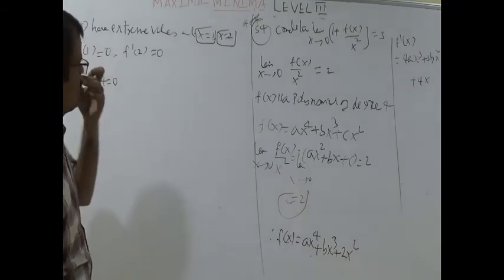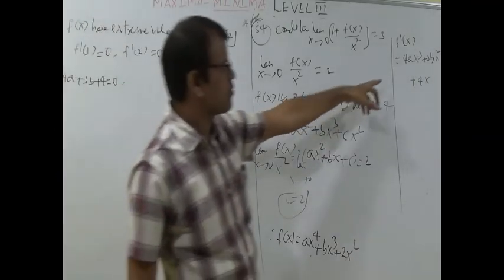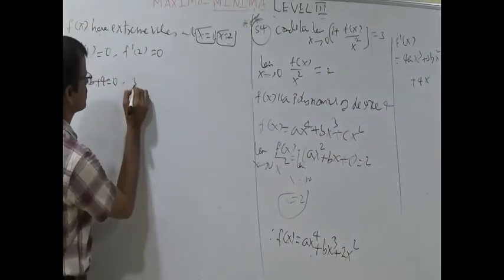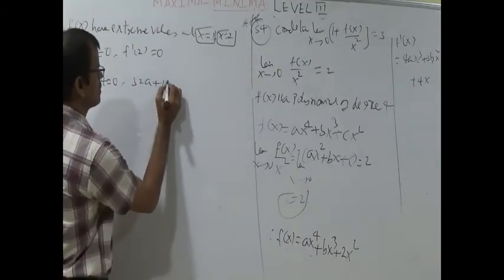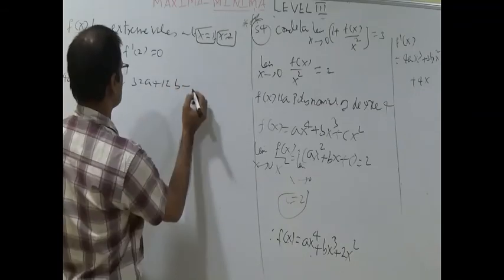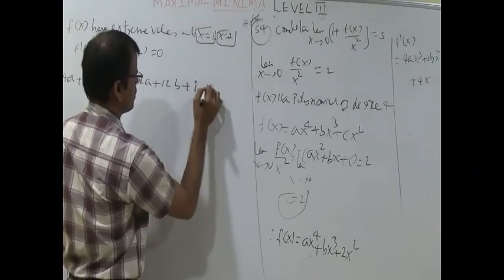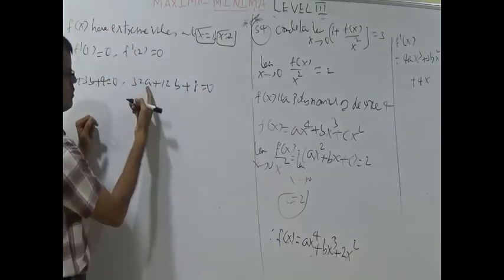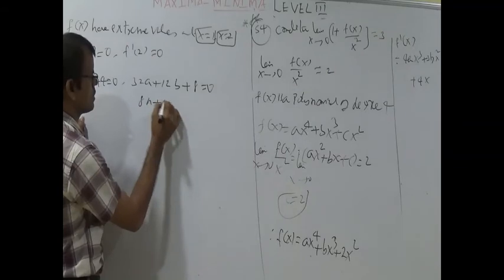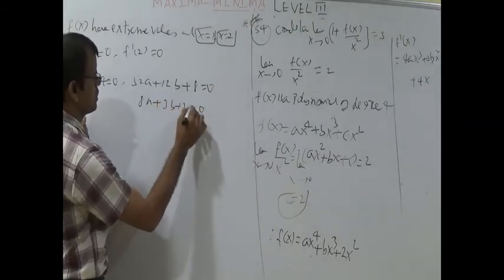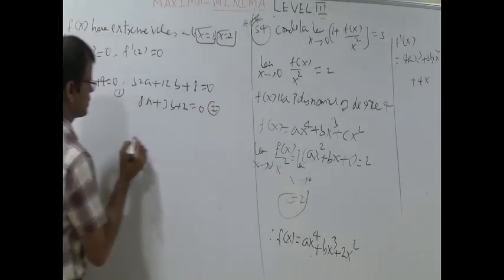Now f dash 2: 2 cube means 8, 8 fours are 32a, plus 3b into 4 is 12b, plus 4 into 2 is 8, equal to 0. Dividing this equation by 4, we get 8a plus 3b plus 2 equal to 0. Let this be the first equation and this the second equation.